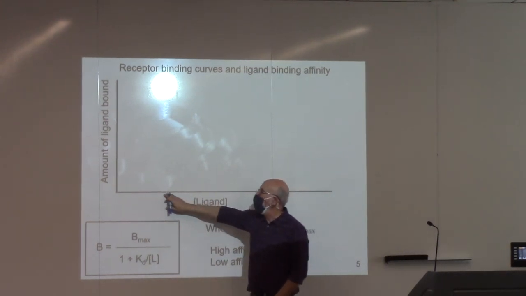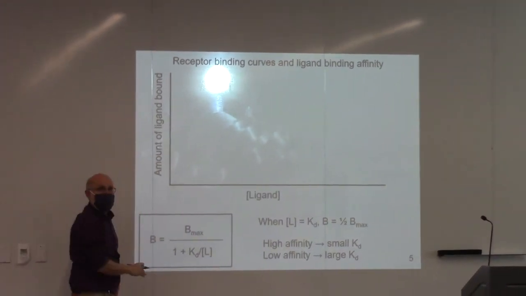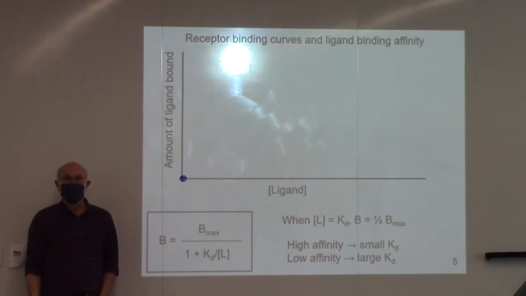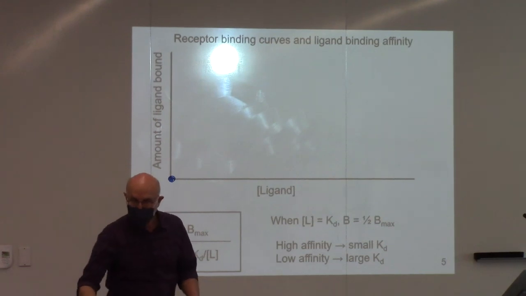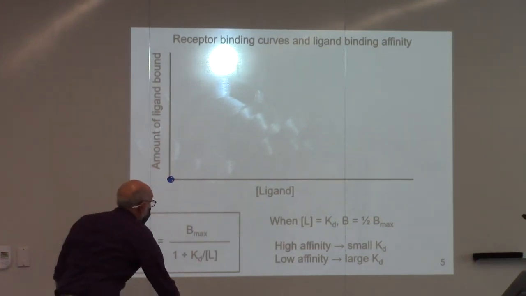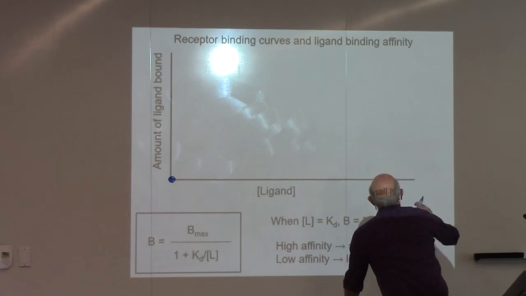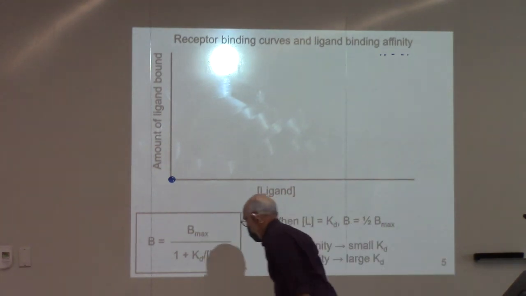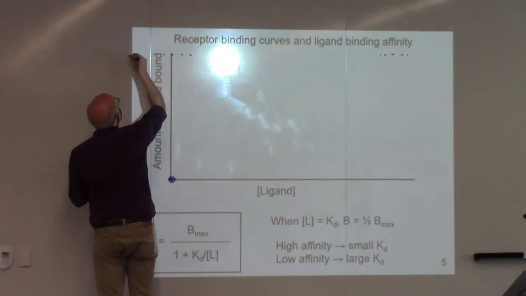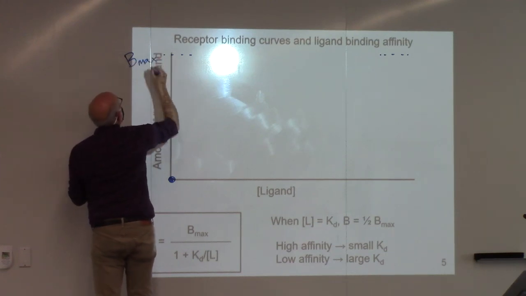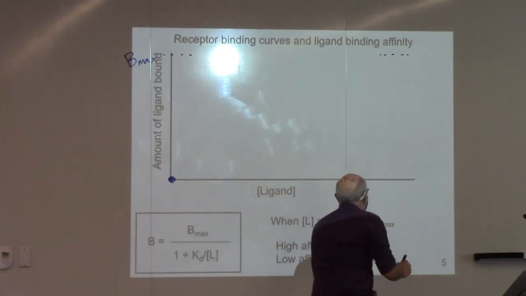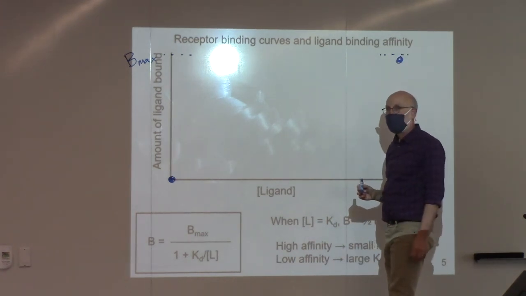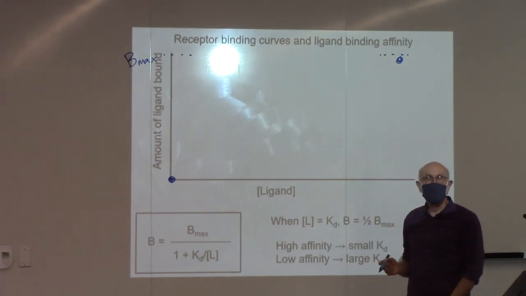Low concentration of ligand, low amount bound. High concentration of ligand, some value close to Vmax. Okay, so far so good.